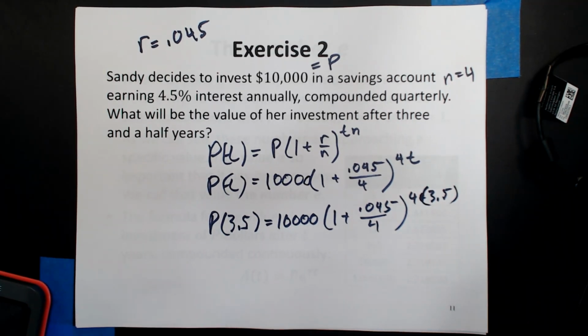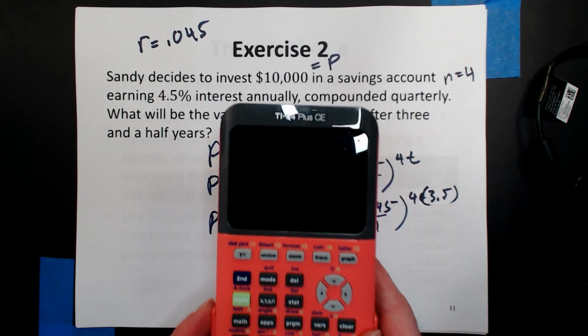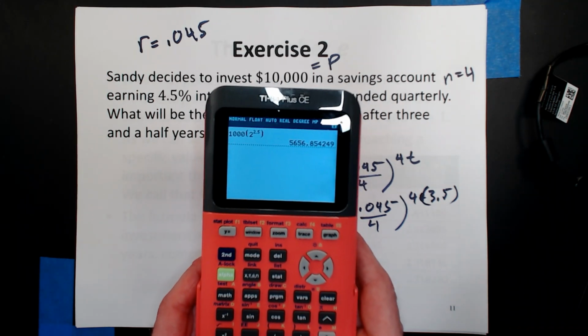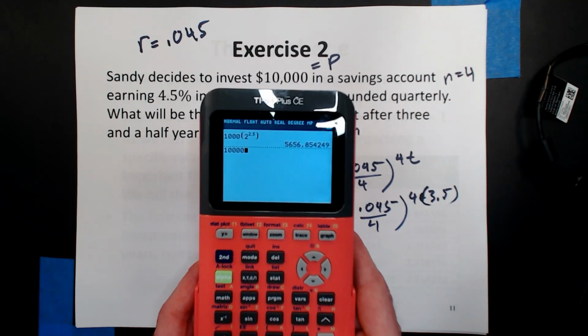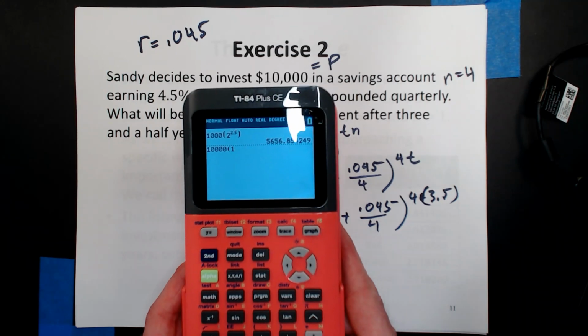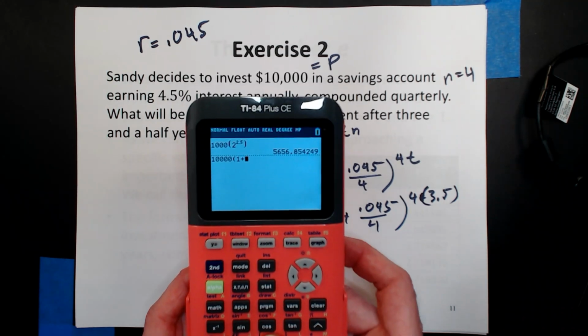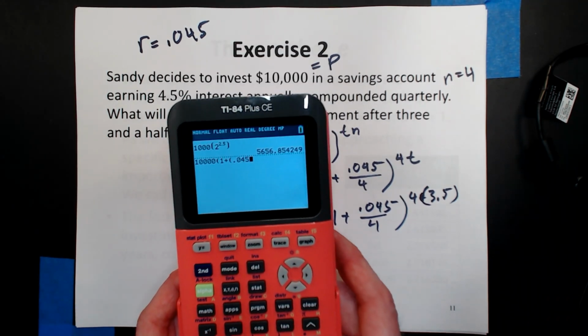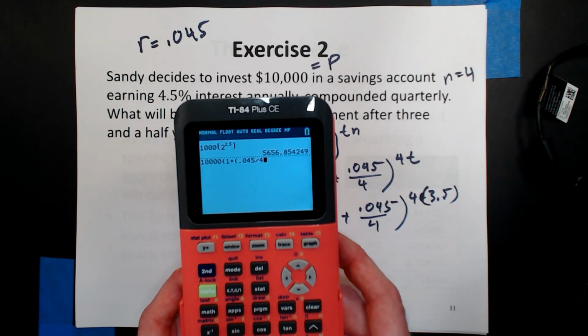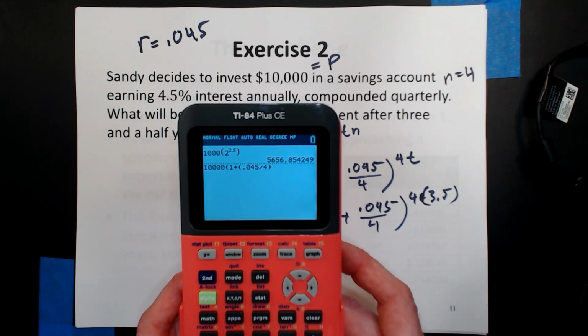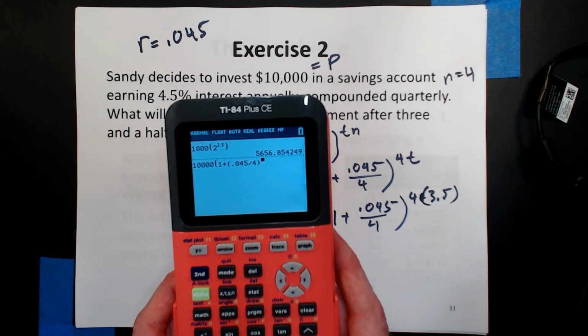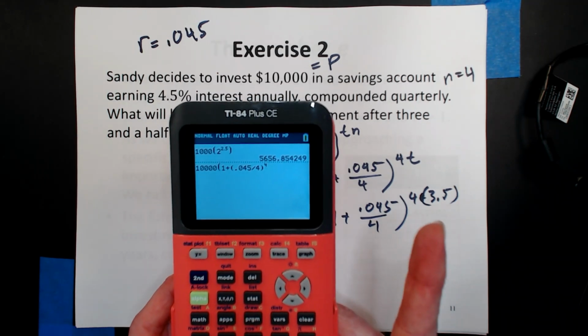All right, so once again, this is a calculator exercise. You have to make sure you put it in your calculator correctly. So we're going to have 10,000, and then we'll put parentheses, 1 plus, and then another parentheses for the rate over the number of times compounded, 4. And close that up. And then we're going to raise this all to the 4 times 3.5. Here's what you have to be careful about.